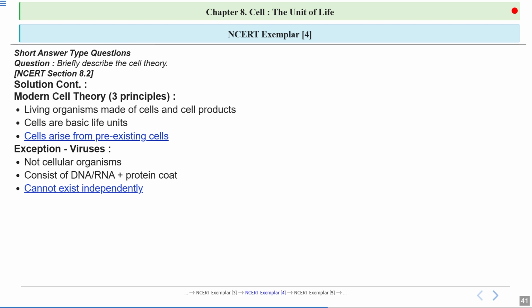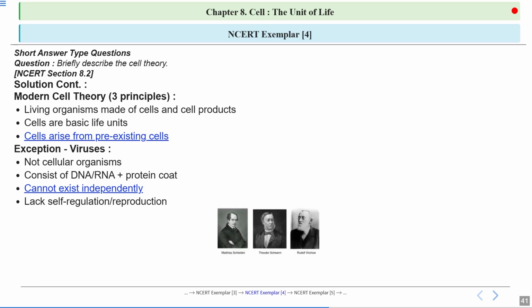They need a particular host to infect. They lack self-regulation and reproduction as well. Viruses cannot reproduce by themselves. When they enter the host cell, they use the host machinery to reproduce.